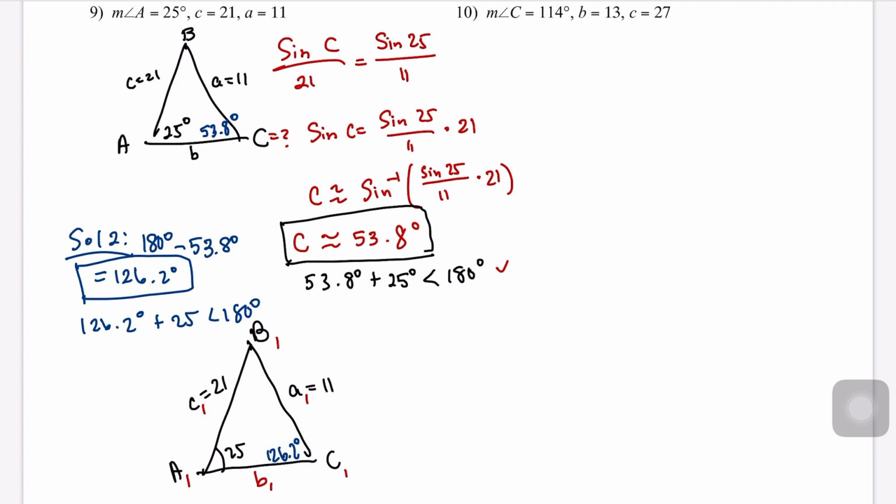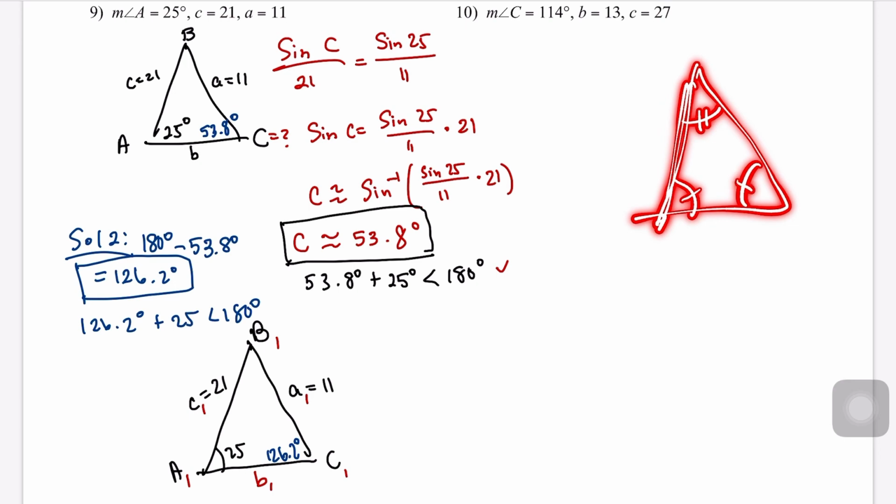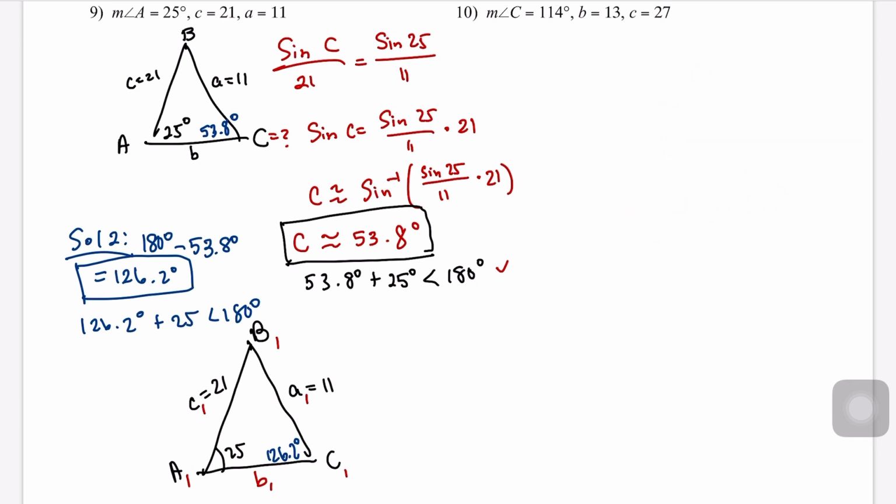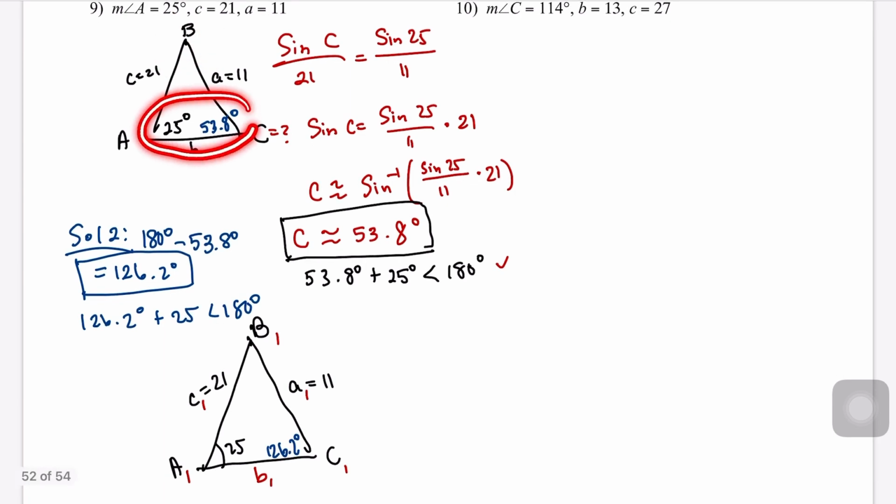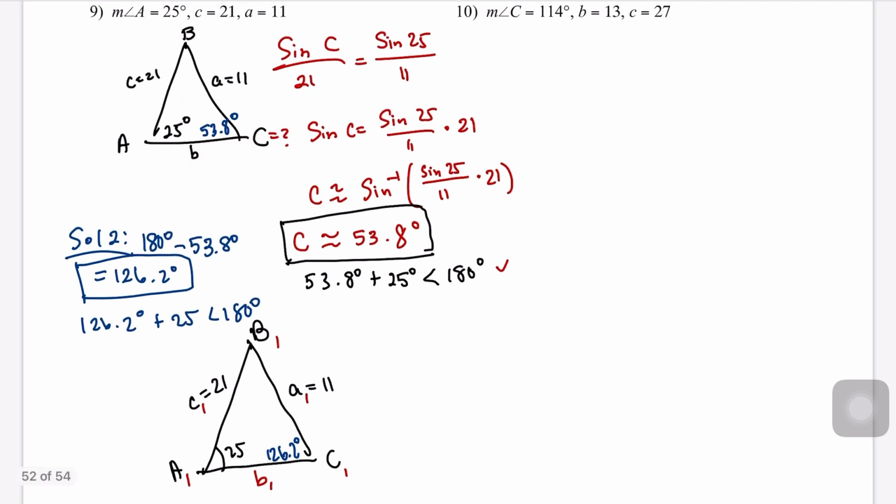Okay, so let's find the remaining components. So here we can tell that we're missing b and angle B. And then on the top triangle, it's the same thing. We're missing angle B and little b. Okay, so we're going to use again the idea that any triangle's angles must add up to 180 degrees. So that's the easiest part of this, right? If you want to figure angle B out for this one, you add these two and subtract from 180.